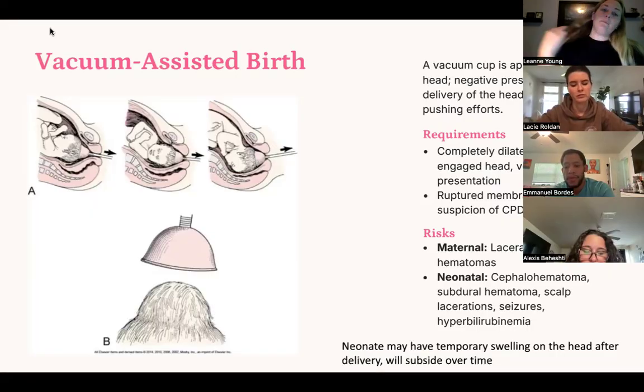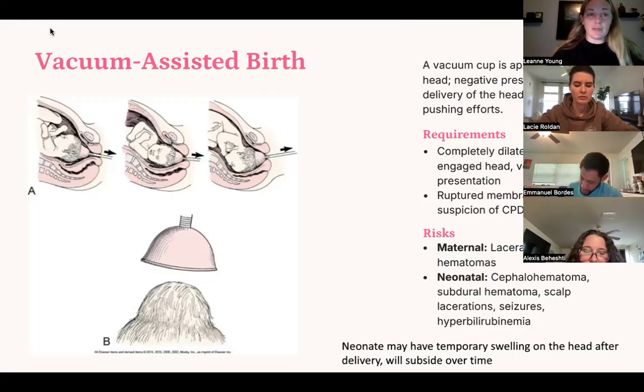As you can imagine, this has some potential risk factors for the baby as well as the mom. Our requirements with the kiwi delivery: mom obviously needs to be completely dilated. We need to have no cervix left, right? We're not going to have a cervical laceration because of a kiwi.